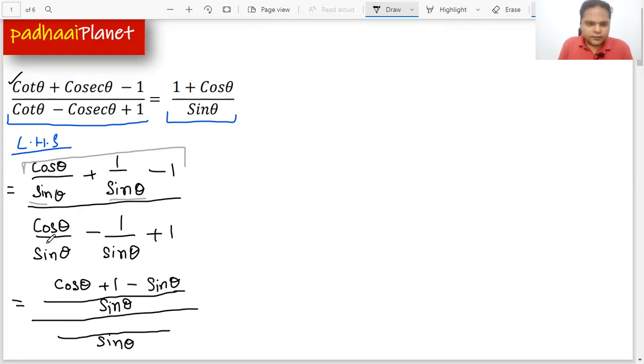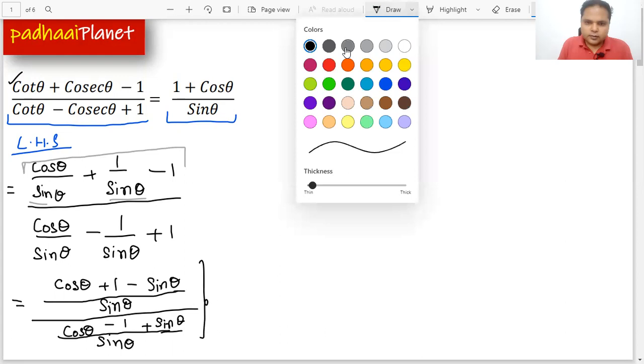And then we have cos theta minus 1 plus sine theta. Now let's take this forward.